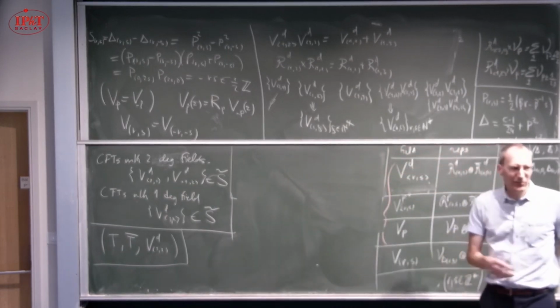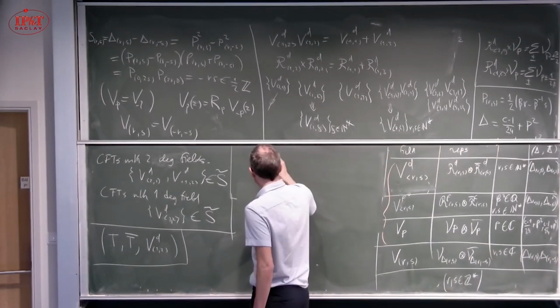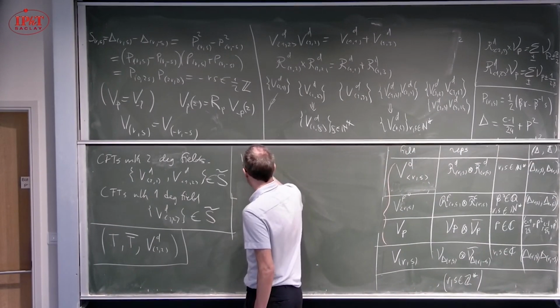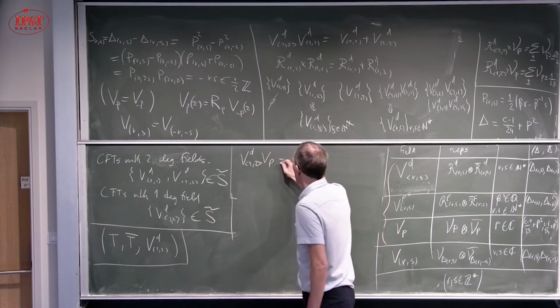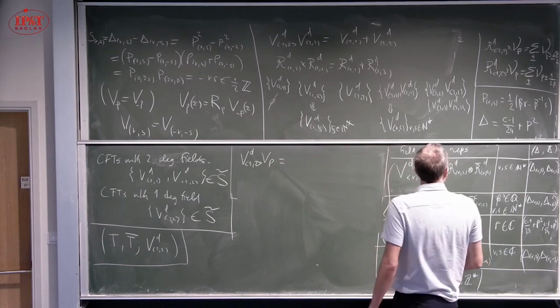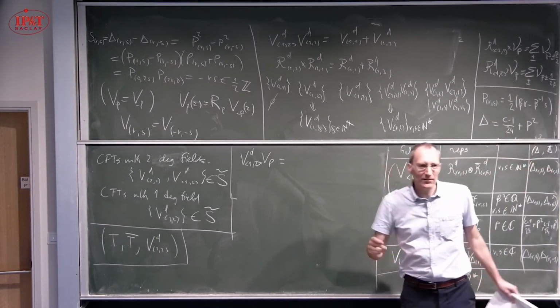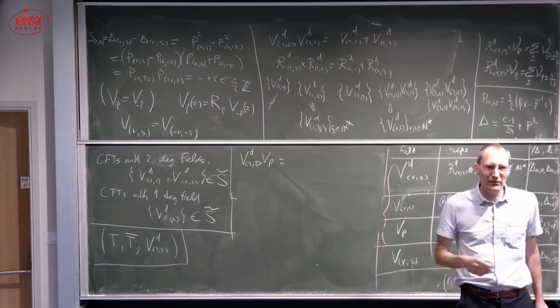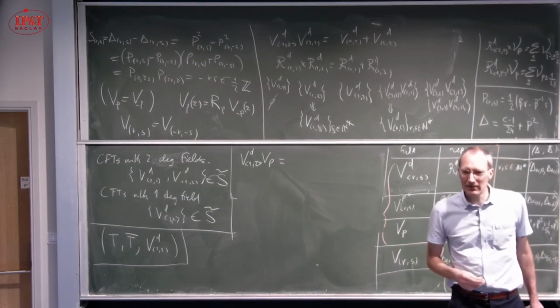Now the next question is what happens if I have some diagonal field, say VP, and I'm doing an OPE with, let's say, V12. By the fusion rules, which are still there, how many fields do you think I can get at maximum? Two?